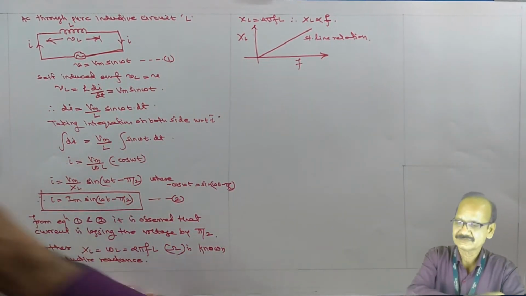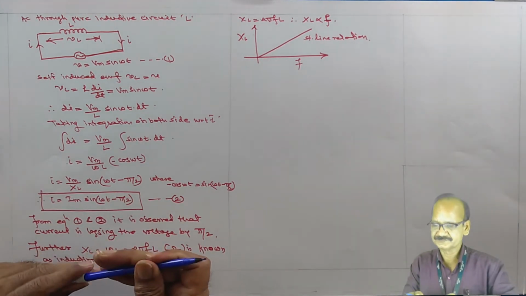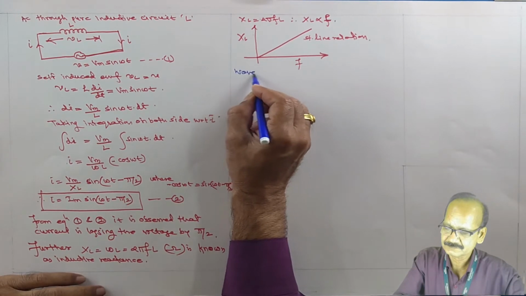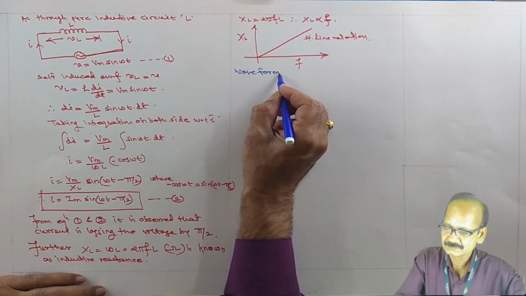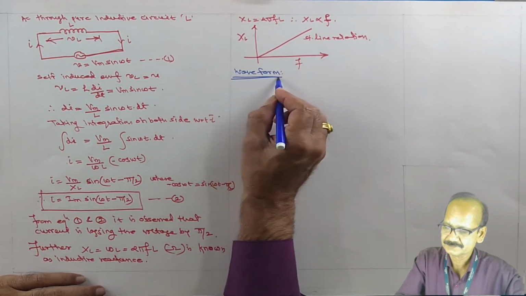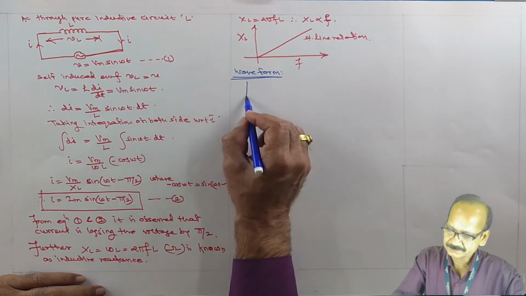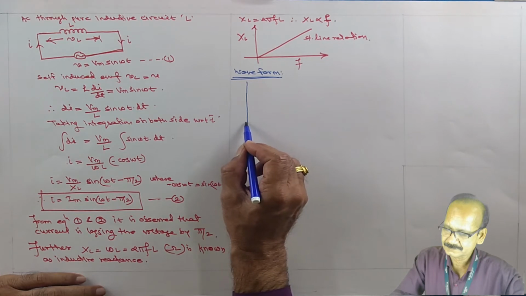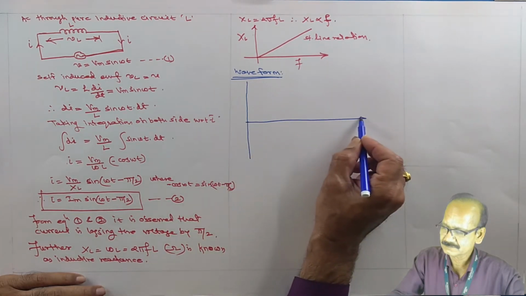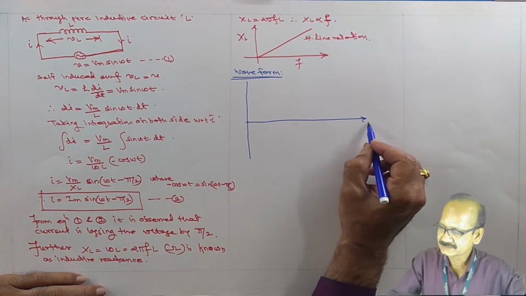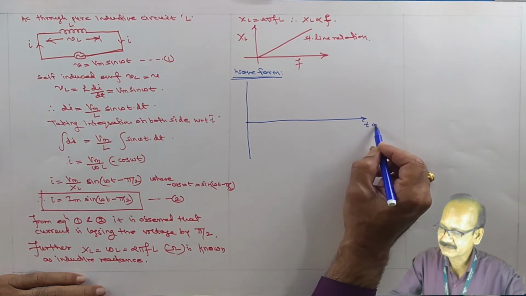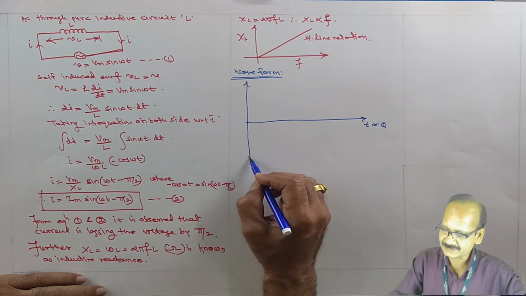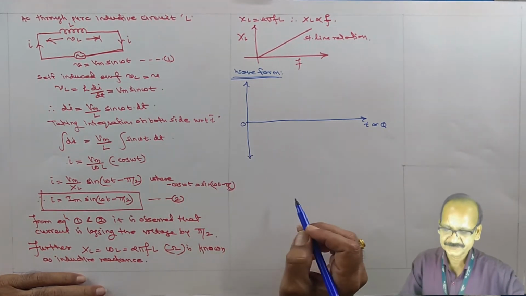Okay. Now let us see the waveform. Here is theta, and here it is voltage and current. This is the origin.